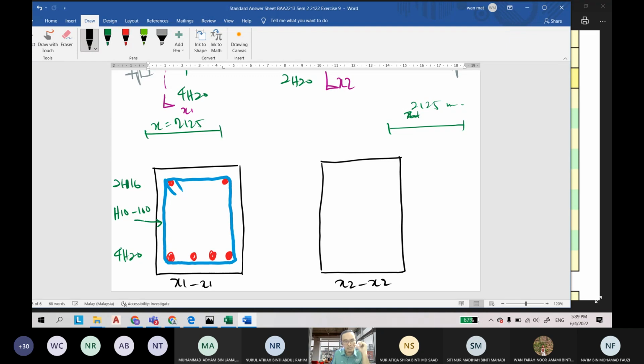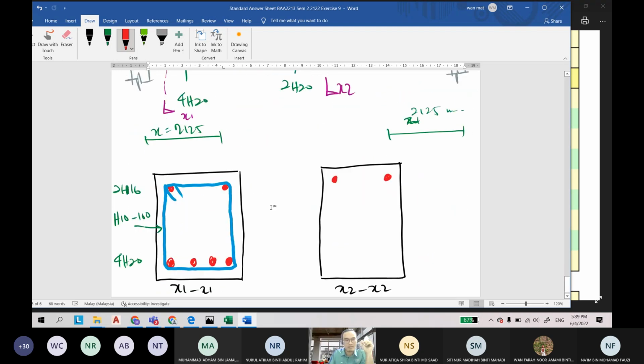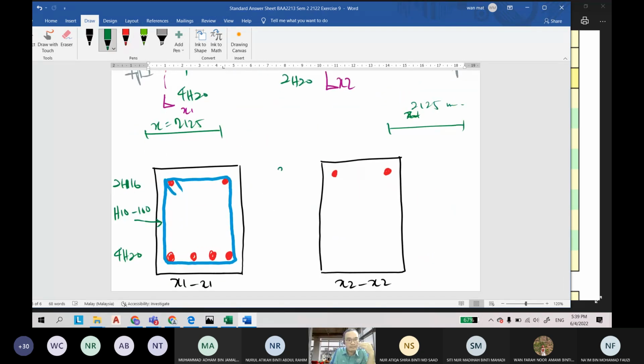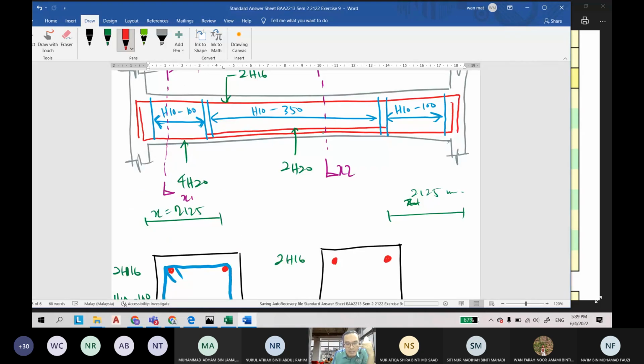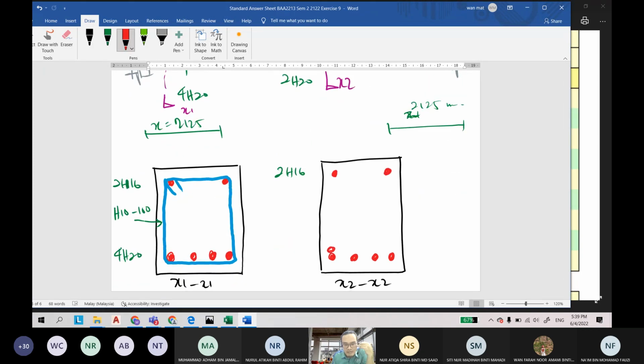X2 to X2: at the top you still have 2H16, and at the bottom 1, 2, 3, 4. Because when you cut here, you still have the 4, and then another additional 2 reinforcement at the top, let's say this one here and here.